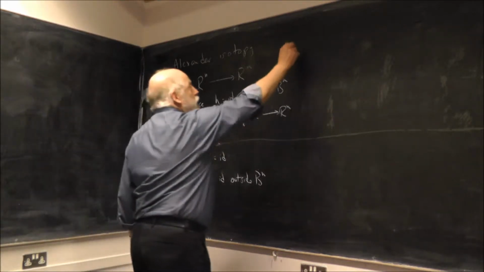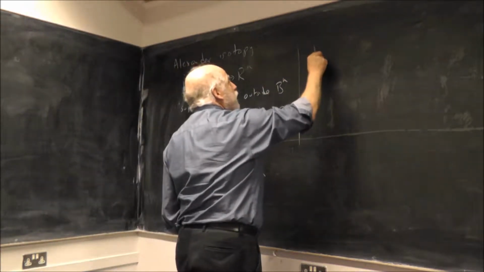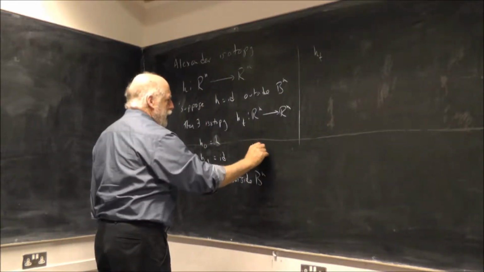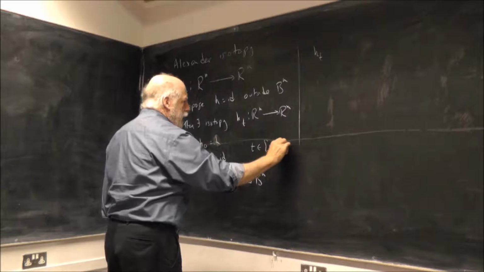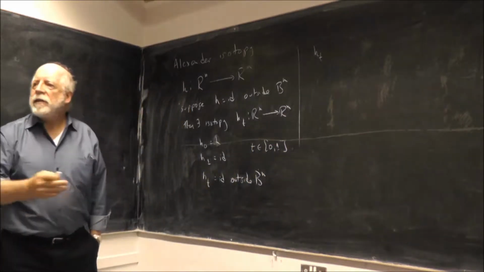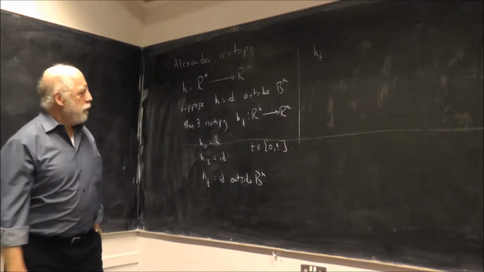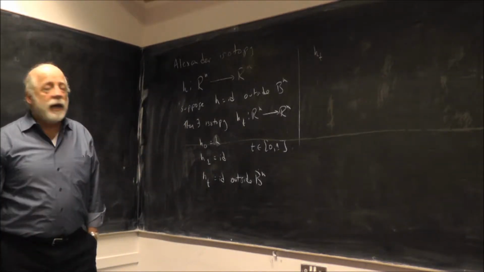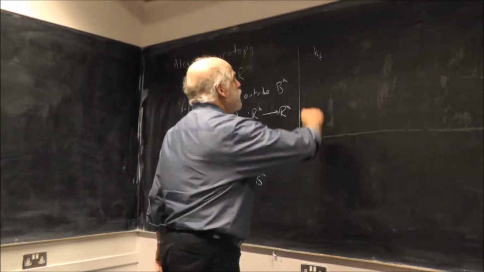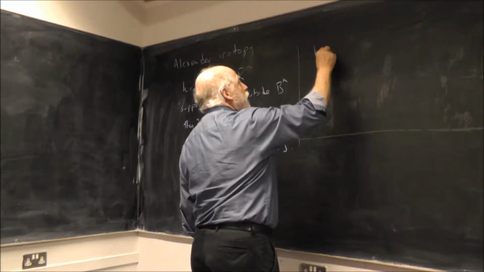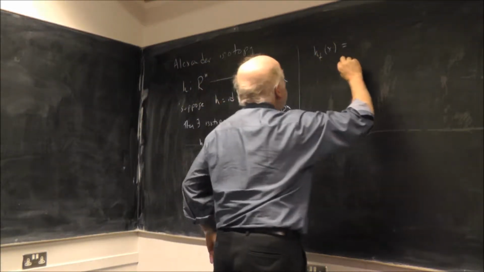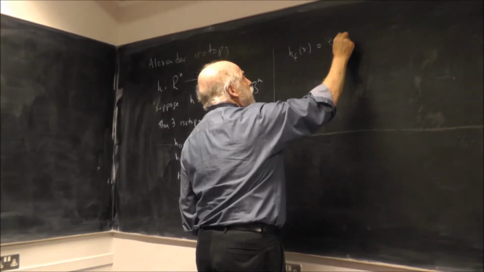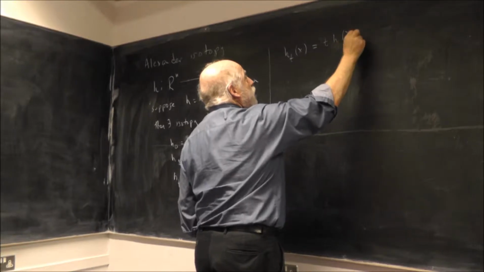And the proof is, well, you just write it down. t of course is running between 0 and 1, the usual thing for an isotopy. An isotopy is an arc of homeomorphisms. A homotopy is an arc of continuous functions, and an isotopy is an arc of homeomorphisms. So H sub t of a point x is just given by t h of x over t, or the reverse.